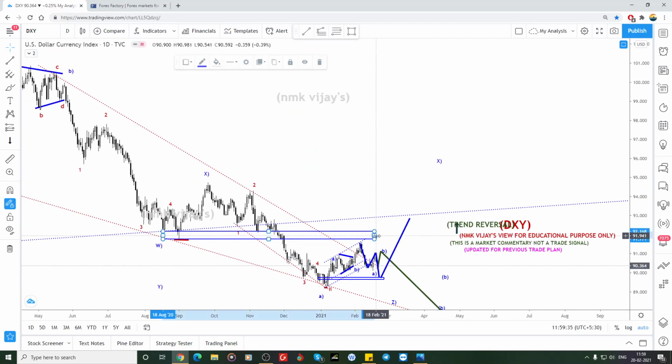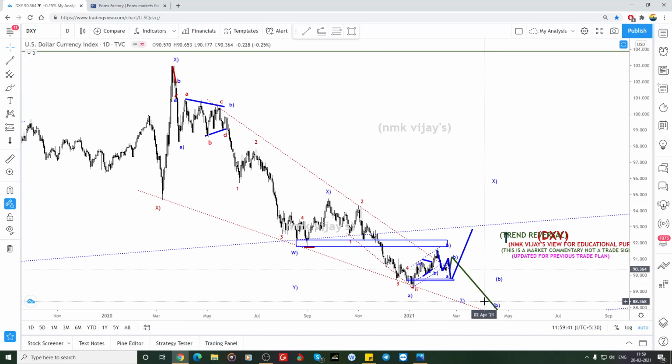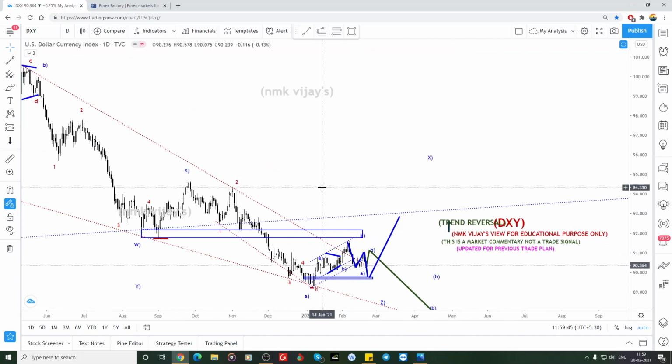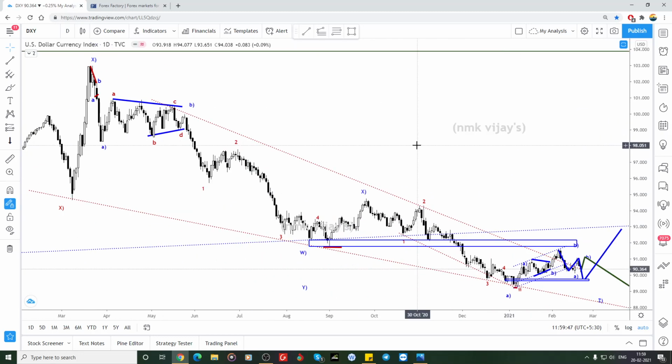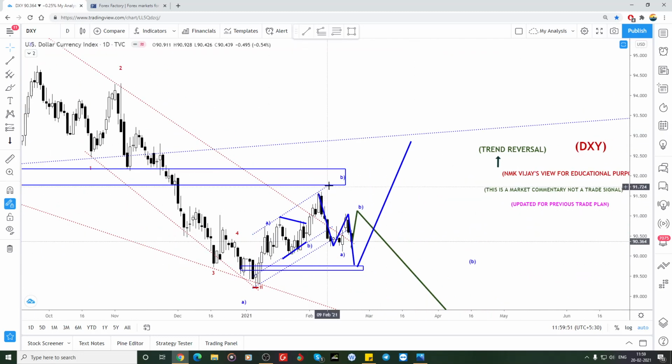So after that B, we need one more wave formation of this kind. It has to happen on the downside, and here also it is not closing above that, and again it gets rejected. It closed above the trend line and it gets rejected, and now it is inside that, and it is retesting the trend line here.